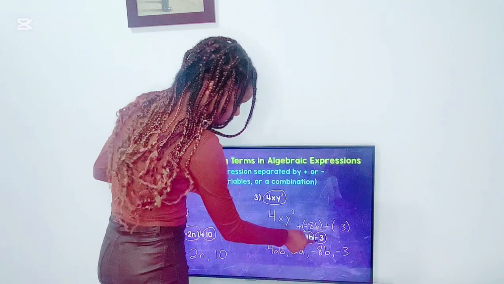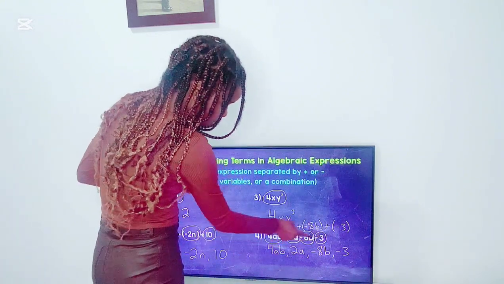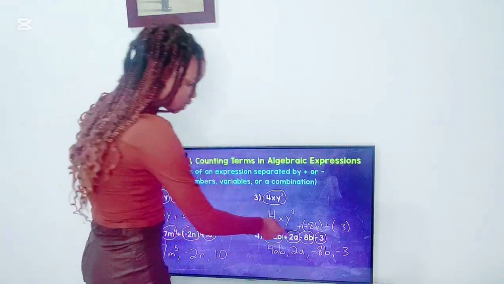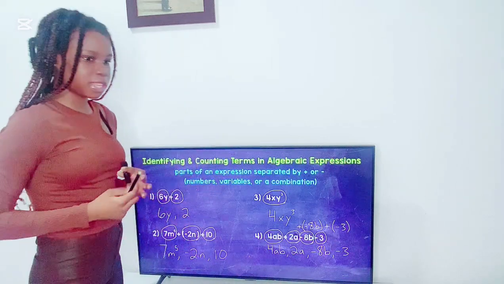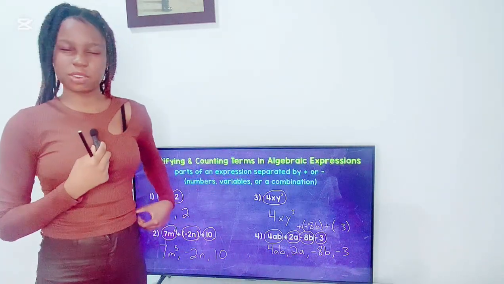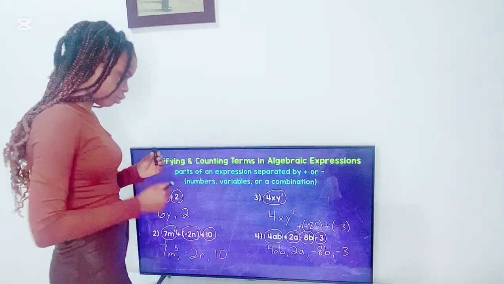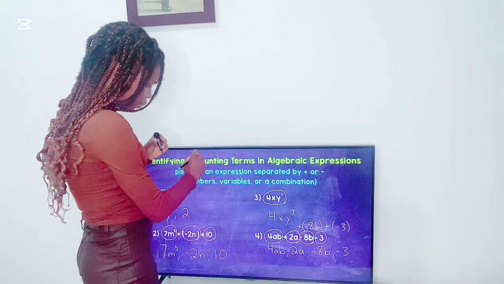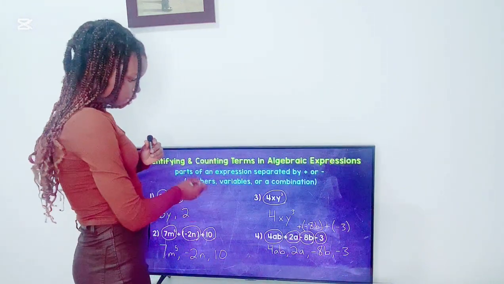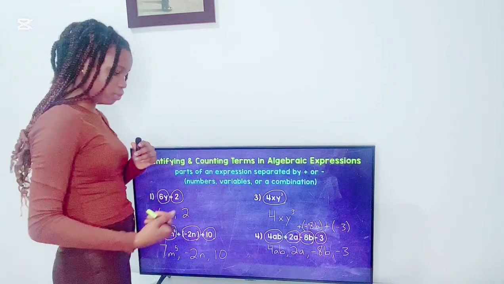When you see this negative before these terms, that basically means this is a negative product. Have you guys learned about negative exponents or just anything that has to do with negatives in general? When we have negative 2, that is the opposite of a positive 2, obviously.